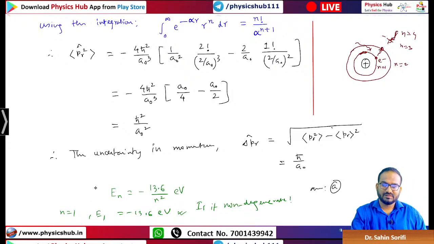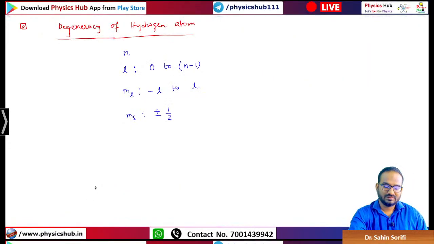Yes, if the wave function is given to be real, the expectation value of momentum will always be 0. Now you see, what will be the degeneracy?